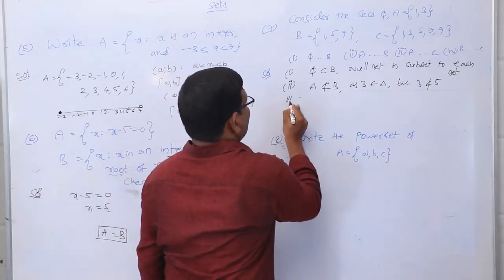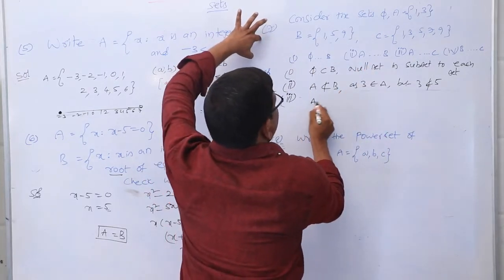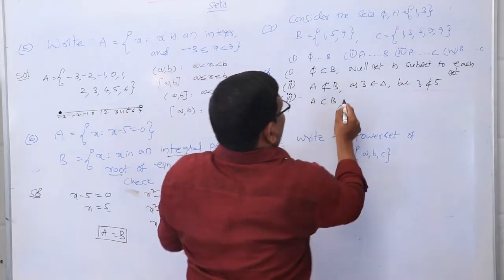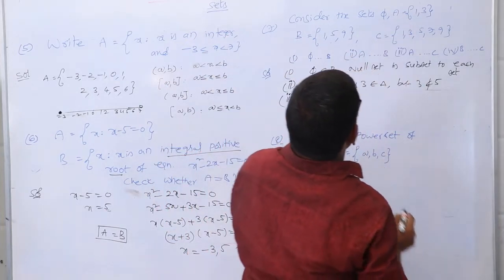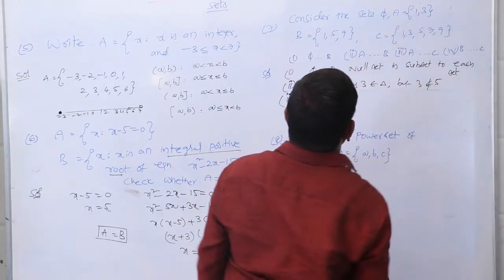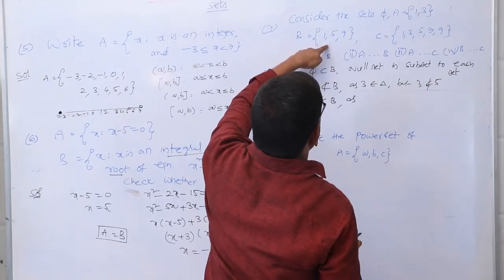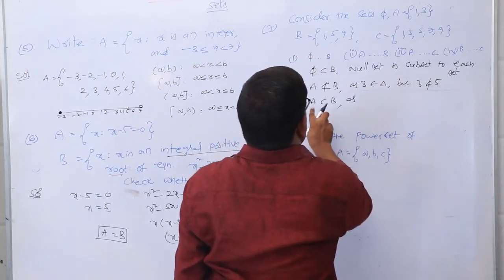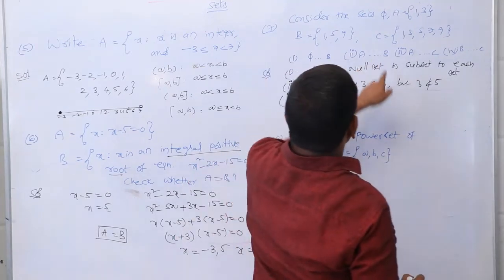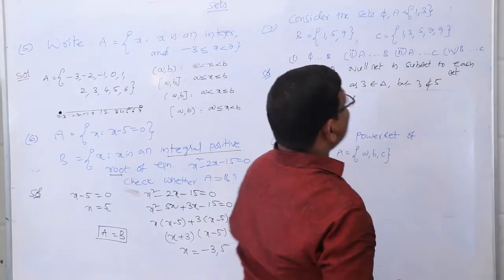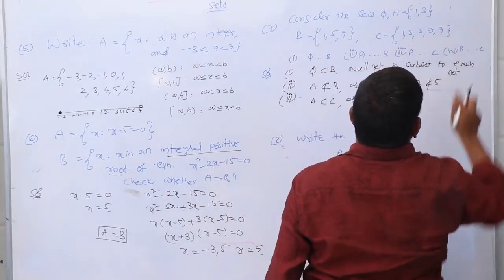And the third one: A is a subset of C, as A has the elements 1, 3 and C has 1, 3, 5, 7, 9.